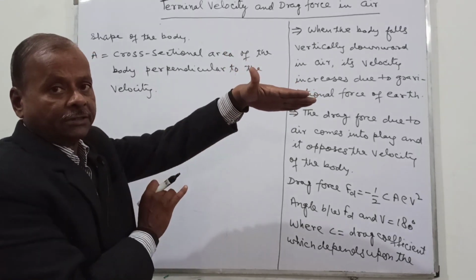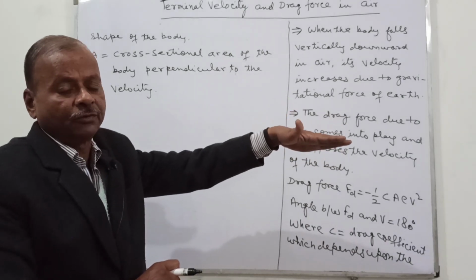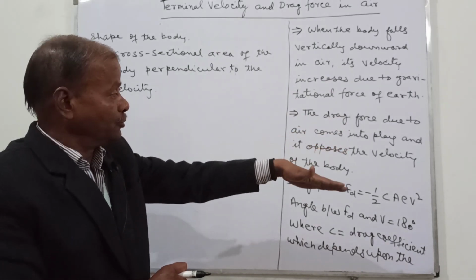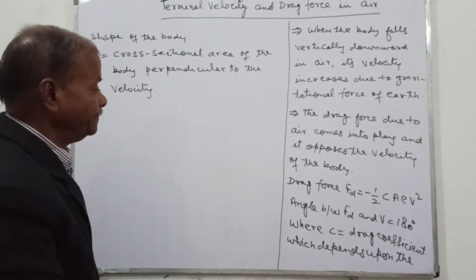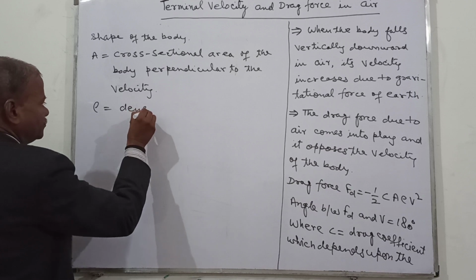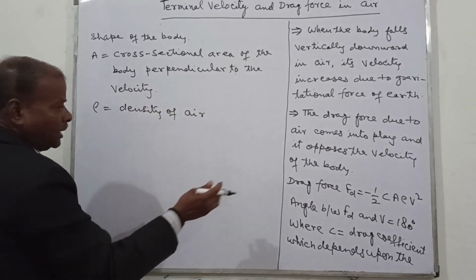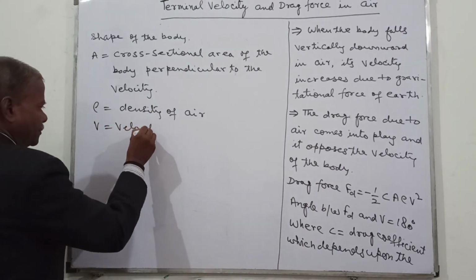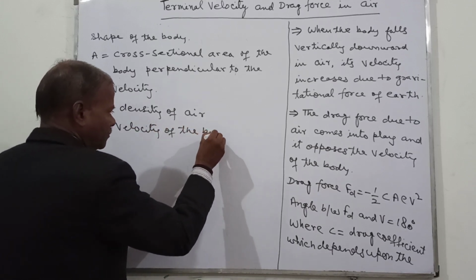Suppose a spherical body is falling, then the surface area is 4 pi r square. So that surface area will be counted, since it is perpendicular to the velocity of the body. Rho is the density of air, and V is the velocity of the body.